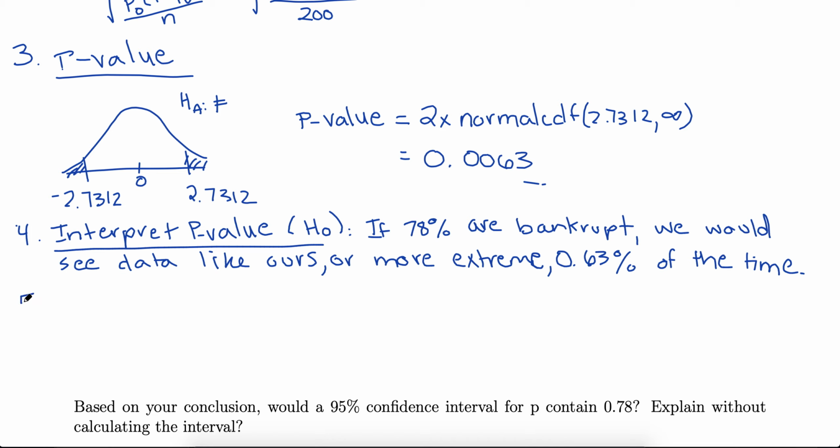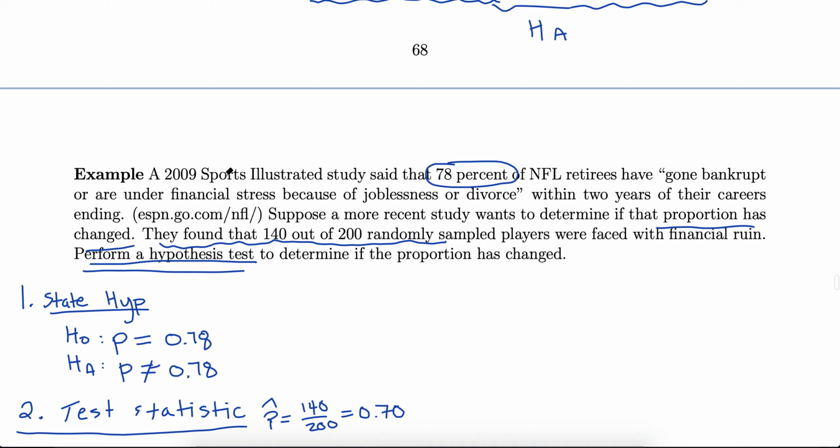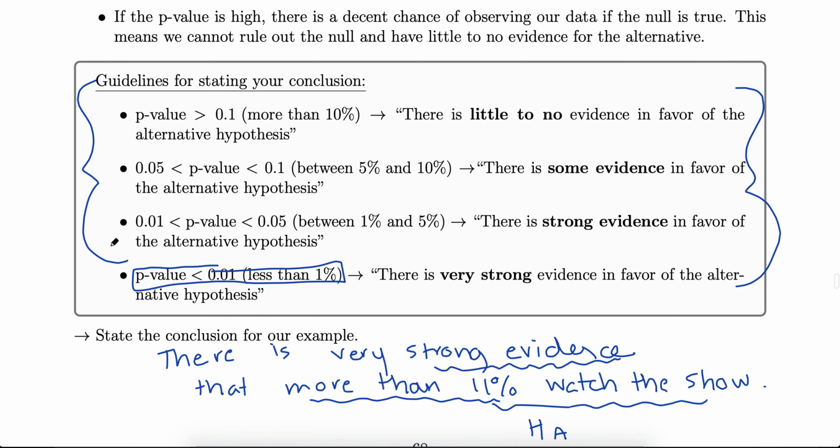So step 5 is bringing it back full circle and saying what that means in terms of our conclusion. And as a reminder, our conclusion, we're going to write that in terms of HA, our research claim. So our research claim was that the proportion has in fact changed. If you need a reminder, refer to this little section, Guidelines for Stating Your Conclusion.